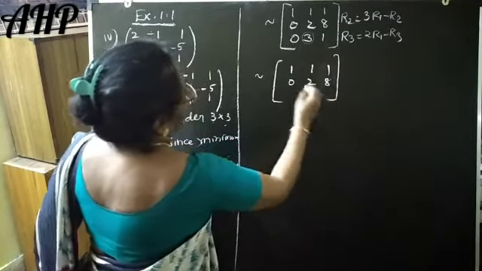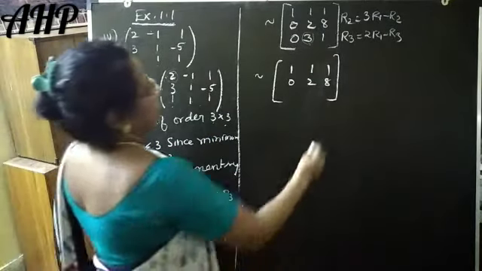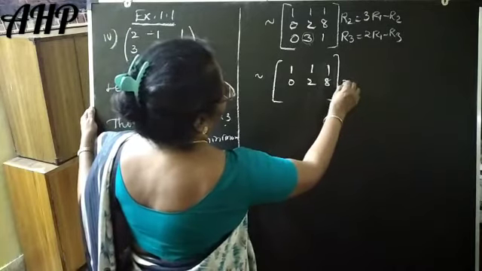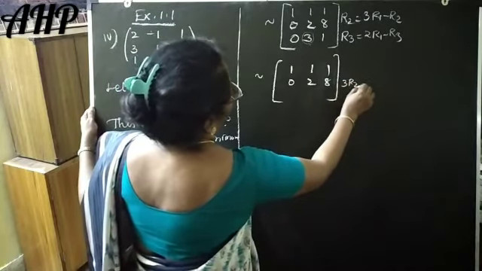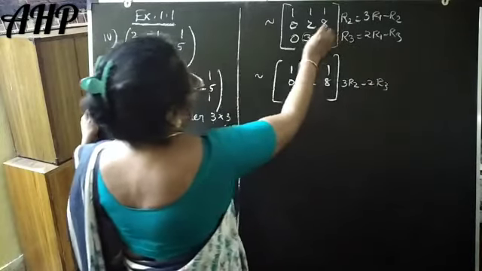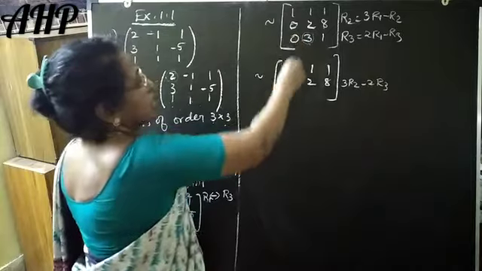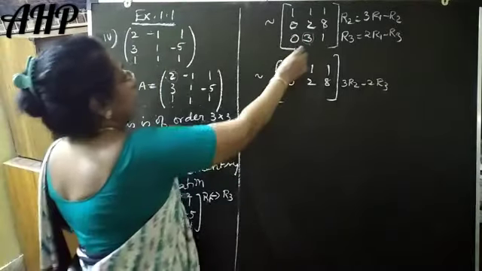Our aim is to make this element 0. So you take 3R2 minus 2R3. Multiply the second row by 3, the third row by 2, then subtract, and this element cancels.